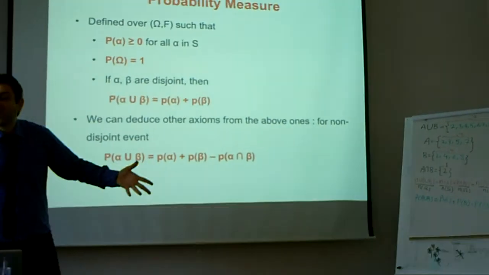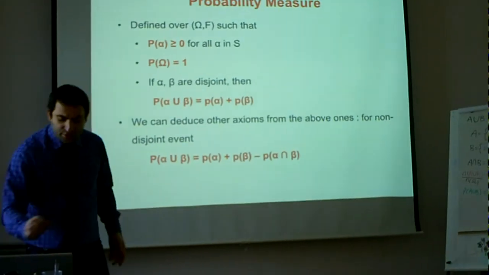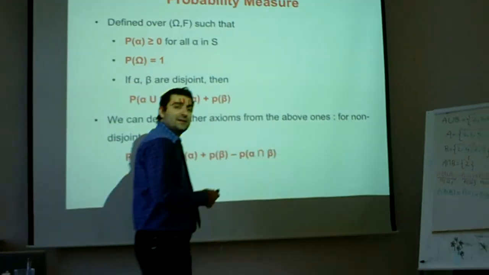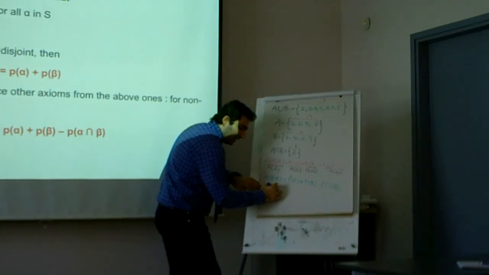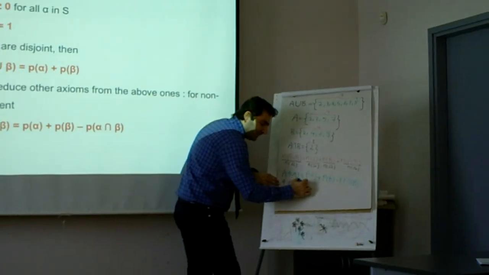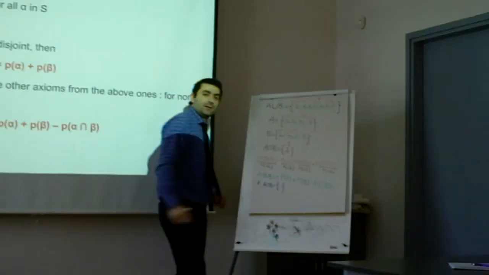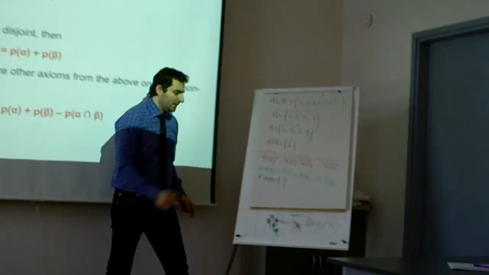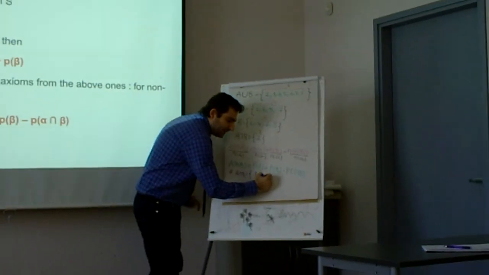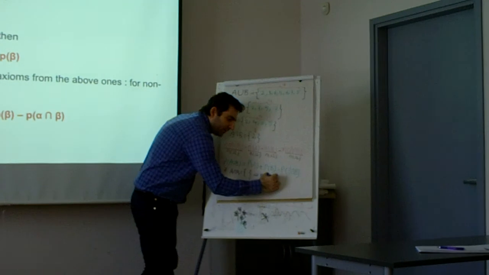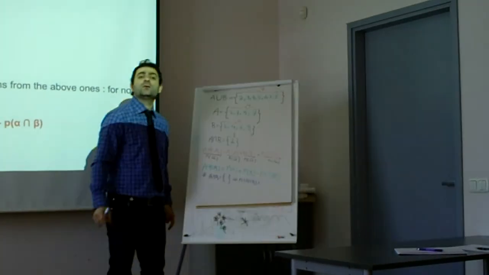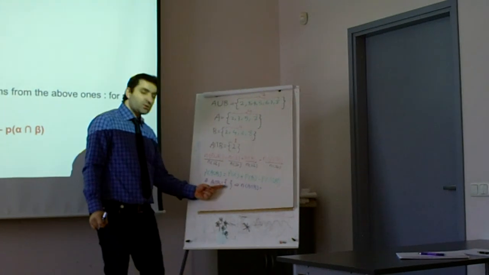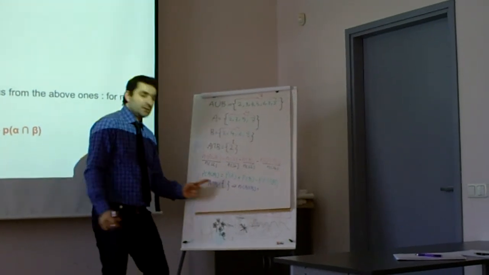Now, this is a general formula. Why do I call it a general formula? Because if A and B is empty, what does it mean? It means that n of A and B is equal to, how many elements do I have here, Murtaza? 0.